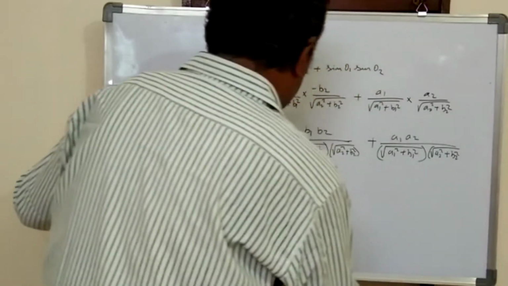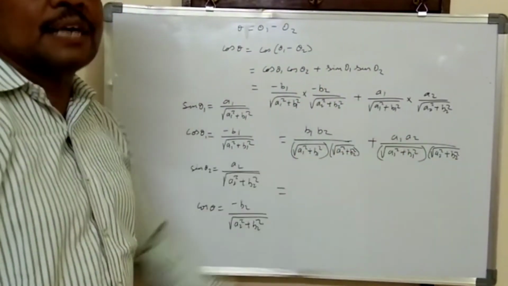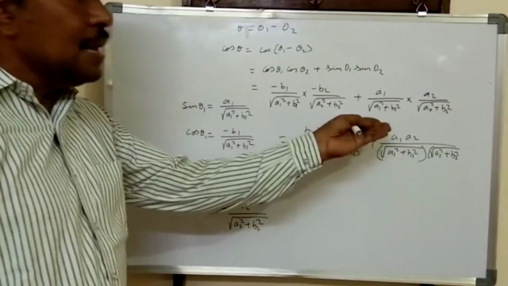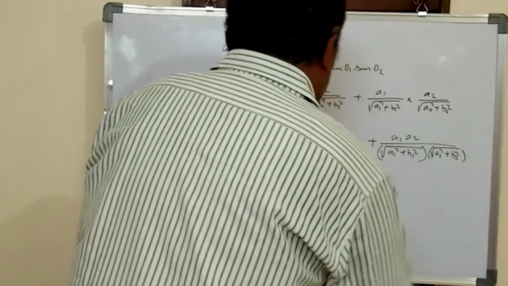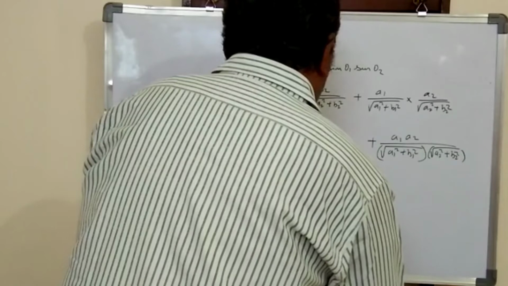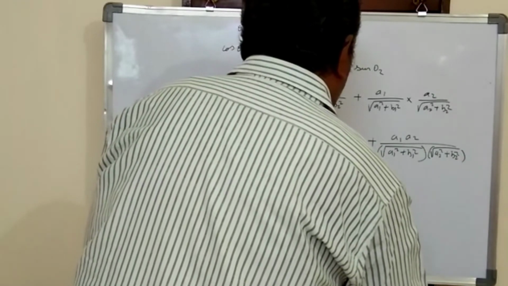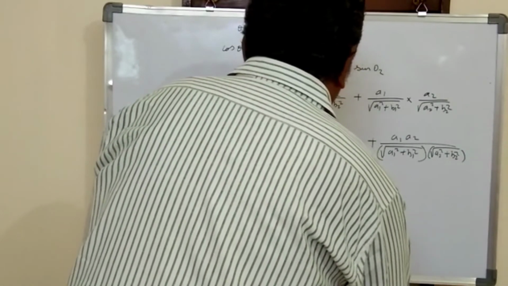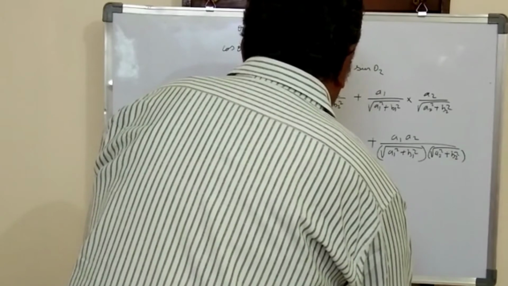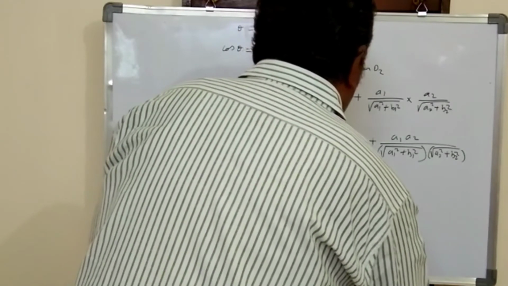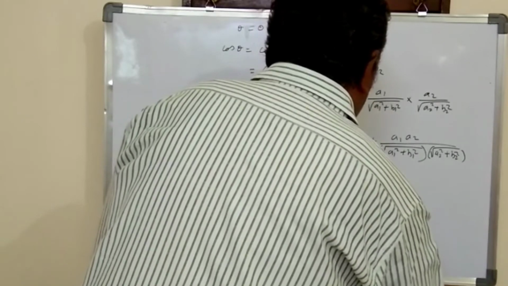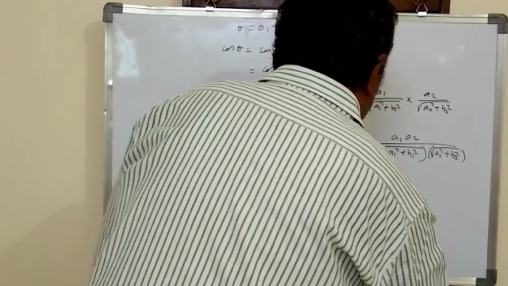Now these two are like fractions. Simply add the numerators and keep the same denominator. So that becomes a1 a2 plus b1 b2 by square root of a1 square plus b1 square into square root of a2 square plus b2 square.